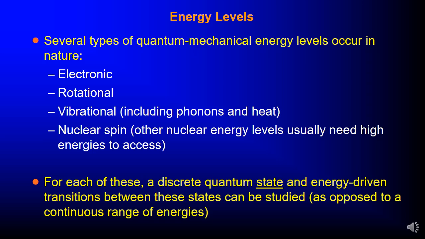For each of these discrete quantum states, energy-driven transitions between these states can be studied, as opposed to a continuous range of energies. So that tells us that discrete quantum states are very key to spectroscopy.